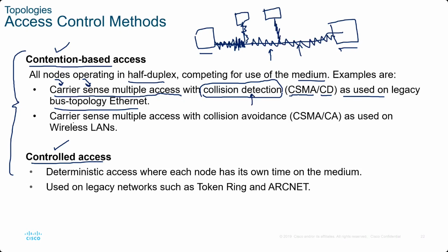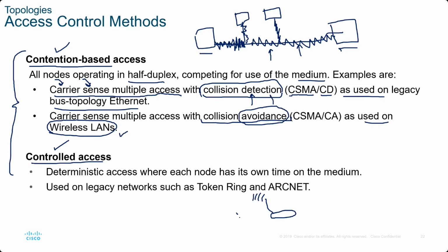The same protocol was also used in wireless LAN, which is also used today: carrier sense multiple access with collision avoidance, with a slight change. Instead of detection, it has collision avoidance, and it is used in wireless LAN even today. So think of your wireless access point as a single bus, except that there are no wires.